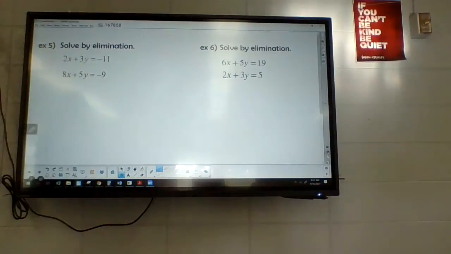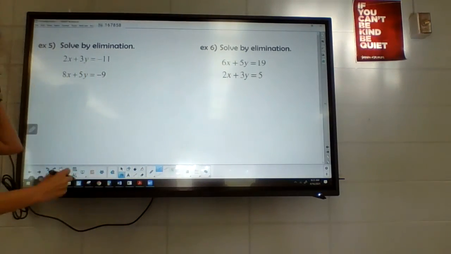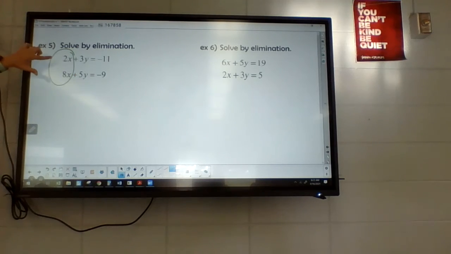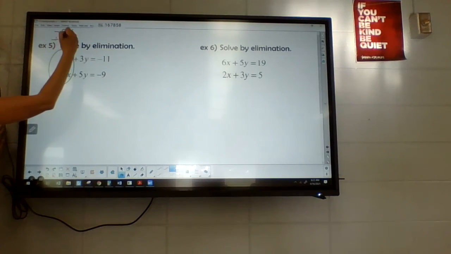Anyone see it? Yeah. So if you're kind of having trouble seeing this so far, what we want is to have those opposite signs. So if I have this as 8, I'd really love for that to be a negative 8. So I want this to be negative 8x and positive 8x.